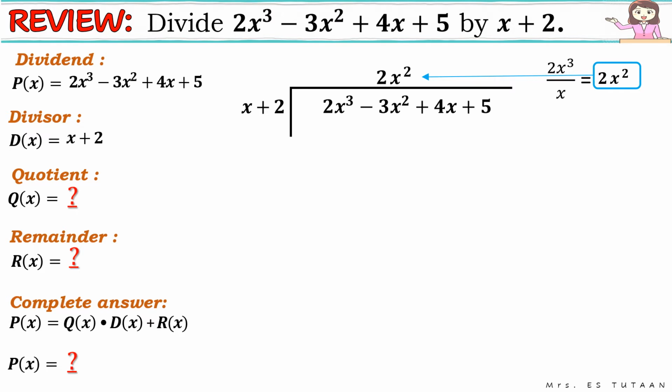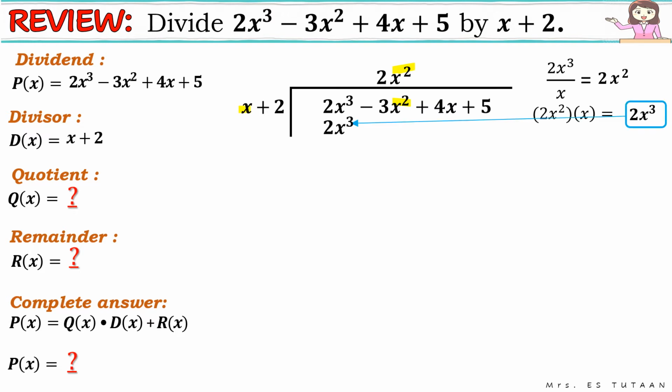So, ililinya na natin yan dito para hindi tayo malito kung alin ang ating mga natapos ng gamitin na terms. And then, we will multiply 2x squared times x. So, that is 2x cubed. So, again, pantayin lang lahat ng parehong variables and the exponent.